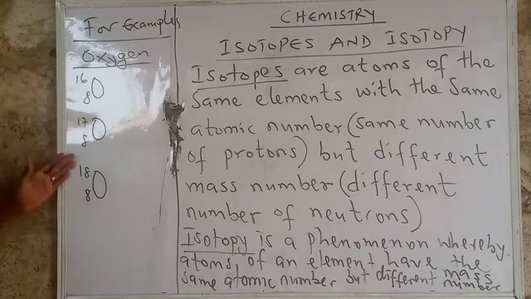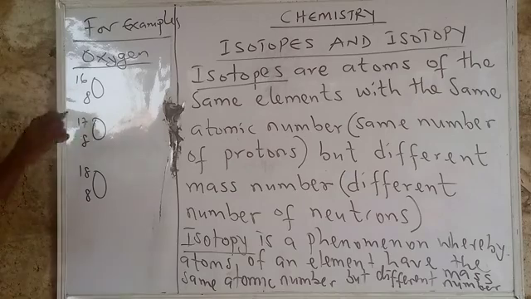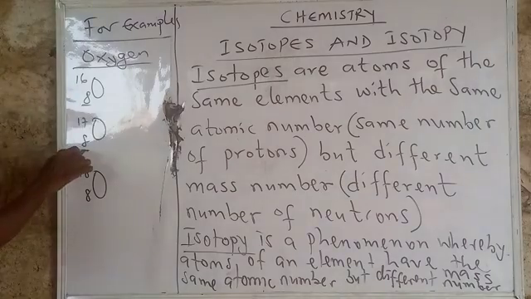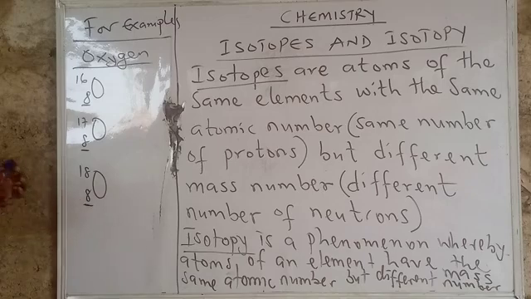These are isotopes of oxygen: oxygen 16, 17, and 18. If you look at this, the atomic number remains the same, but the atomic mass is different. This one has 16 as the mass number, which is atomic mass. This one has 17, while this one has 18.